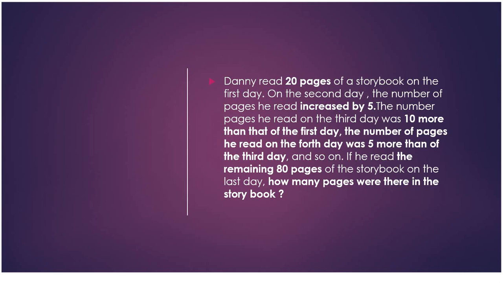So 20 first day, 25 second day, and third day 10 more than 20, so 30. The number of pages read on the fourth day was 5 more than the third day. The third day was 30, plus 5, 35. So we have 20, 25, 30 and 35.